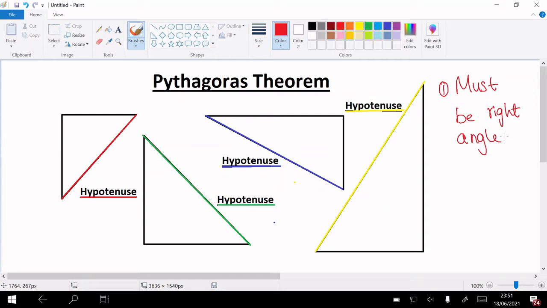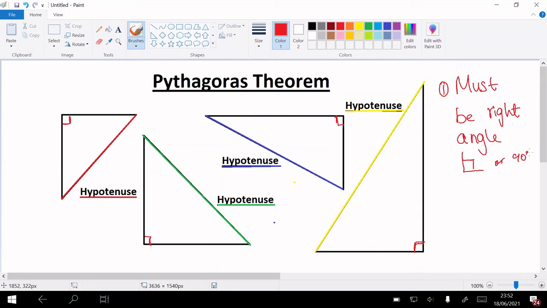So whichever triangle you have, it must be a right angle, and you can usually identify it by a square sign. The square sign says that it is a right angle, or when you see 90 degrees, that also means right angle. So it can either be shown as a small square on the side or 90 degrees.